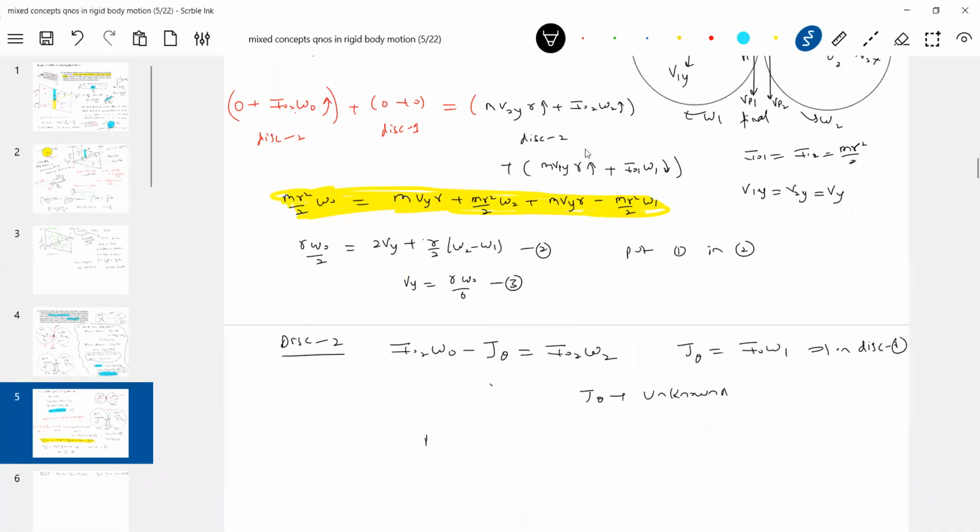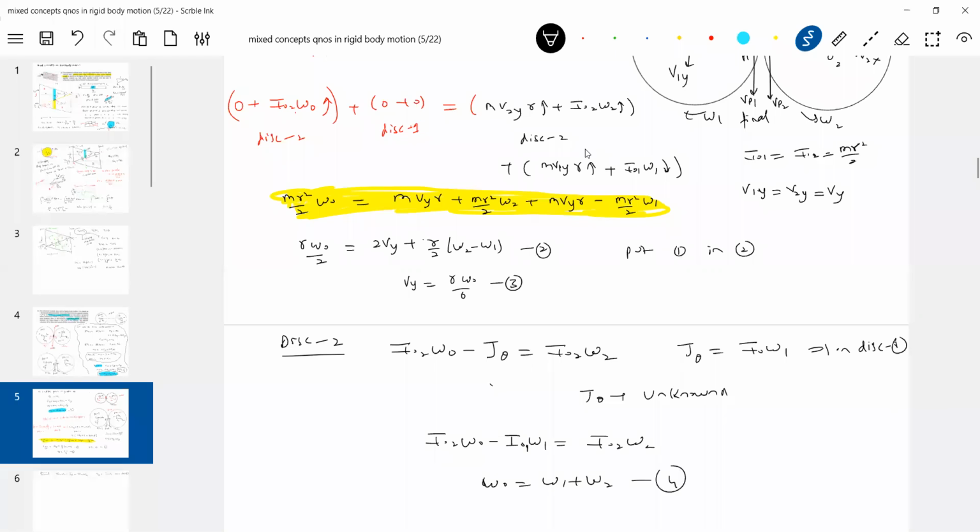So I naught, mr square by 2, omega naught minus, I'll add one step, I naught omega 1 equals I naught omega 2. I think this moment of inertia will get eliminated. So omega naught equals omega 1 plus omega 2.